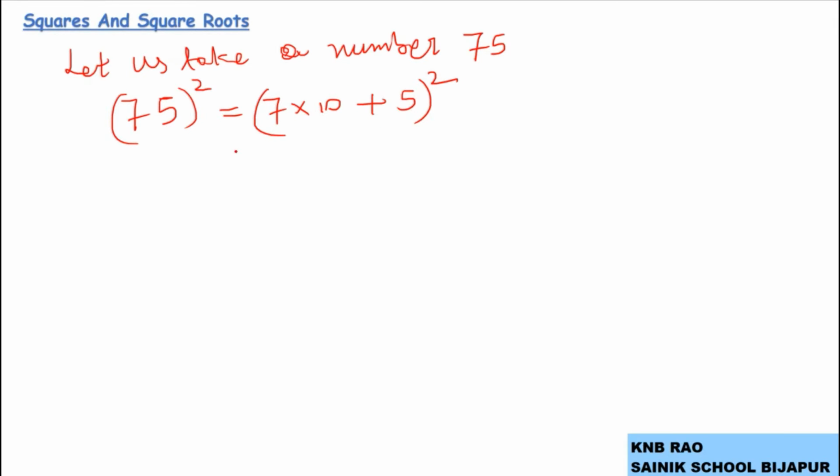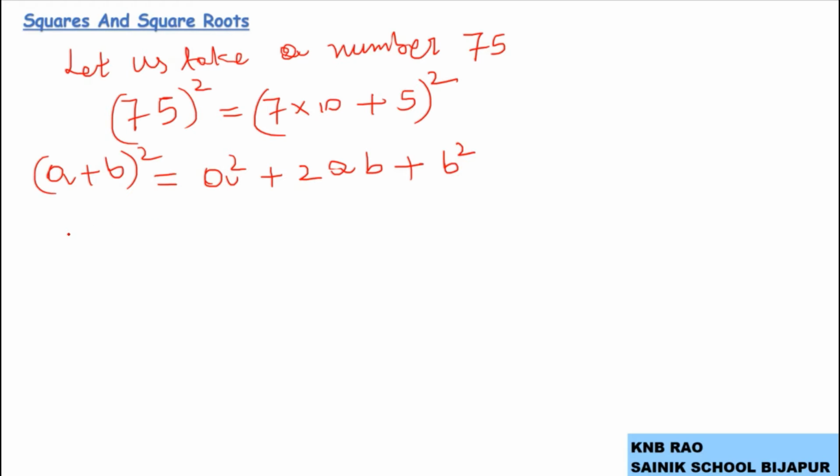Now I will make use of the a plus b whole square algebraic identity. The a plus b whole square identity tells us we can expand a plus b whole square as a square plus 2ab plus b square.